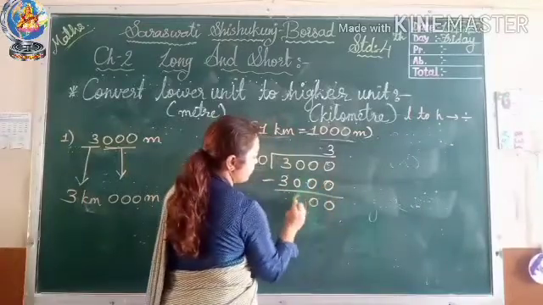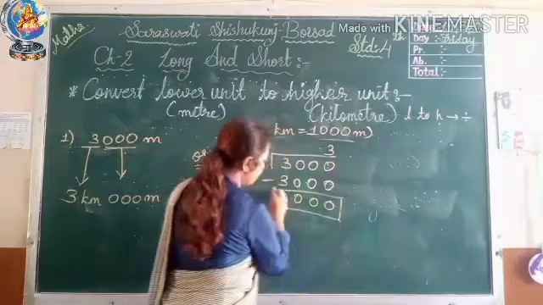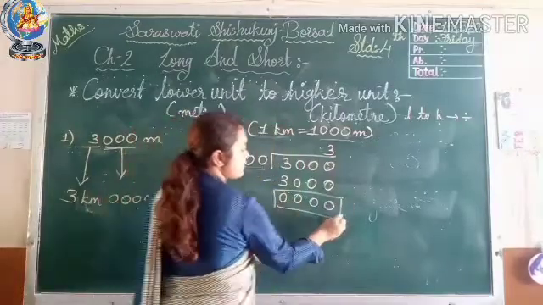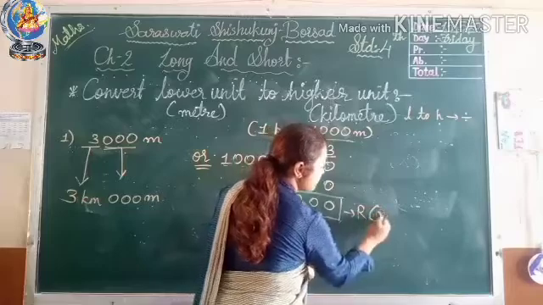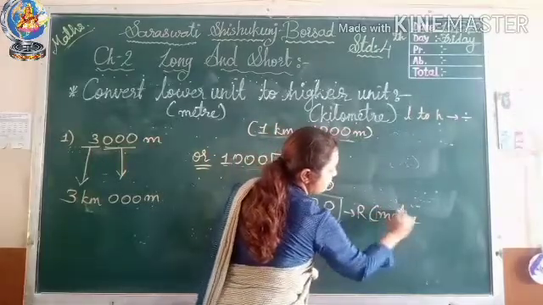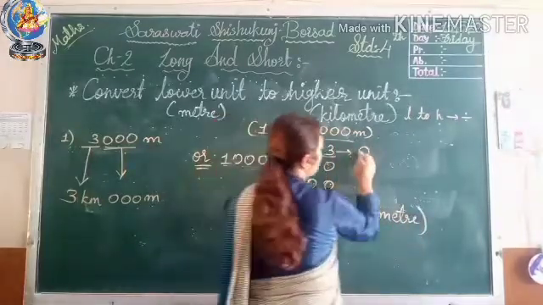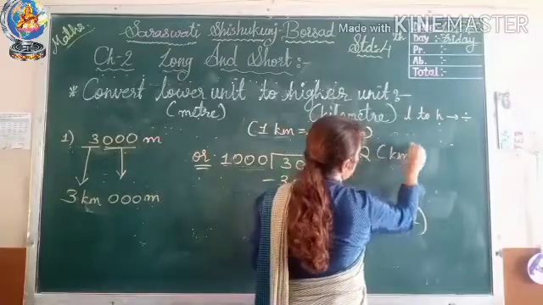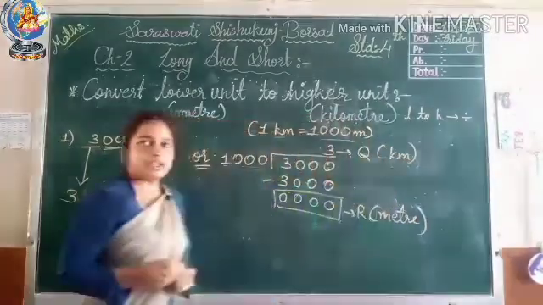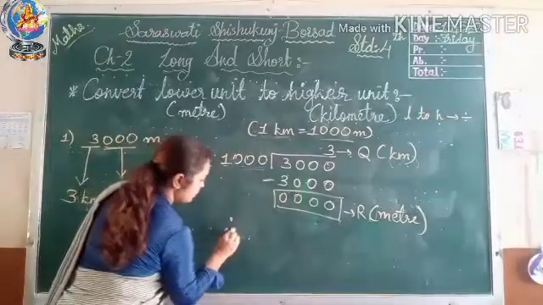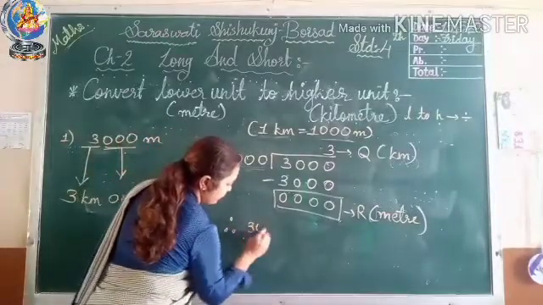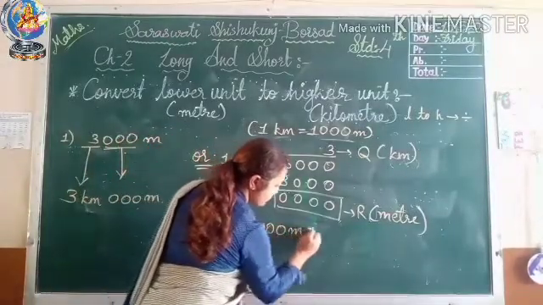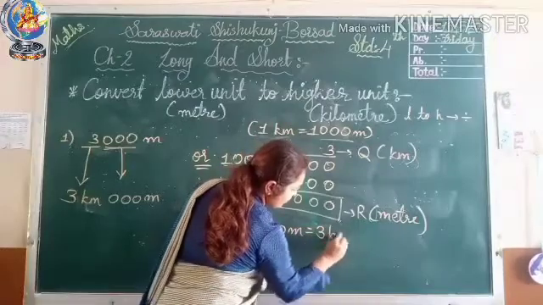Here also 0, 0 and 0, right? As you can see, zeros we got as a remainder, which is meter, and here you got the quotient as your kilometer, okay. So therefore 3000 meter is equal to 3 kilometer.